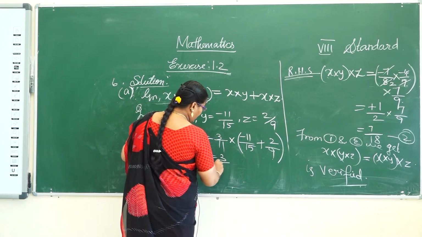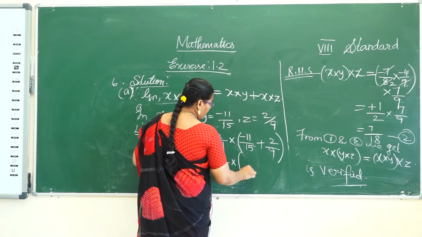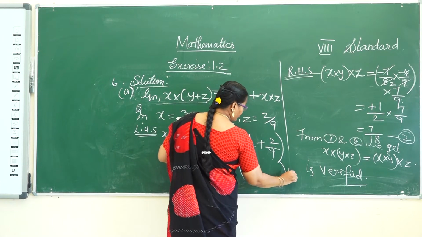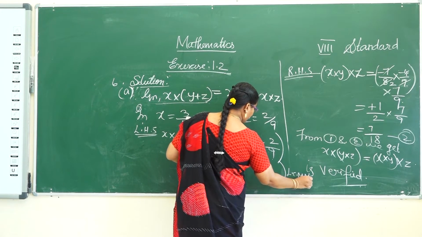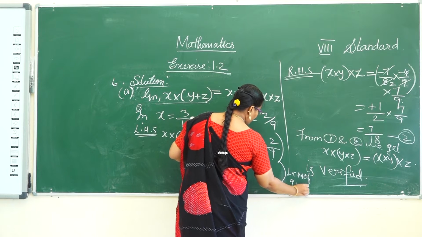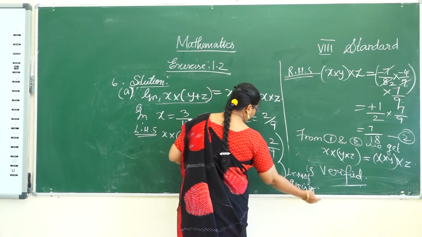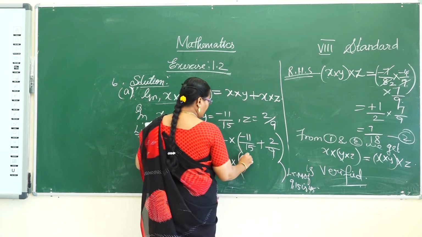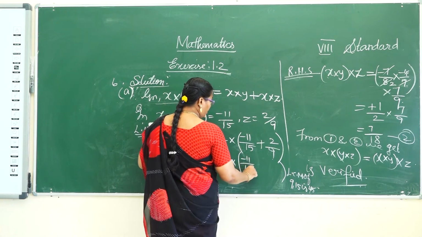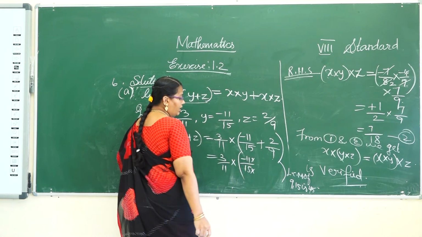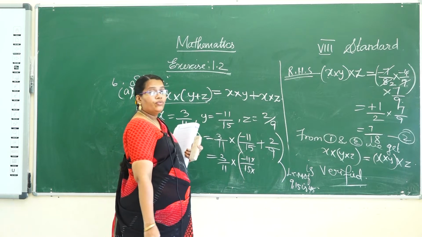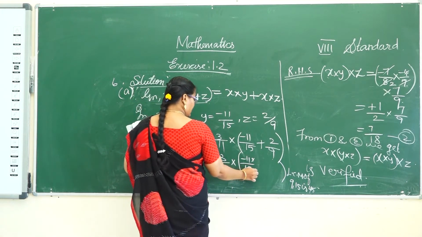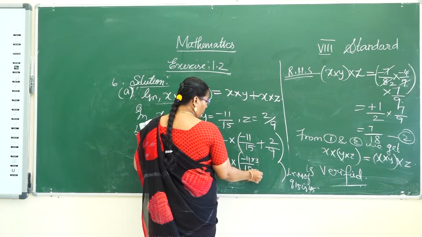So 3 by 11 into, LCM of 9 and 15 is 45. For minus 11 by 15, whichever number you multiply in the denominator to get 45, 3 times, multiply the same number in the numerator also.